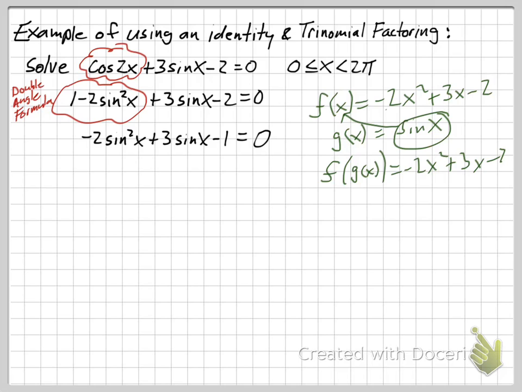and we'd get -2 sine squared x plus 3 sine x minus 2. Okay, so we're going to borrow that idea, and what we're going to do is kind of make a decomposition here, and we call this u substitution.